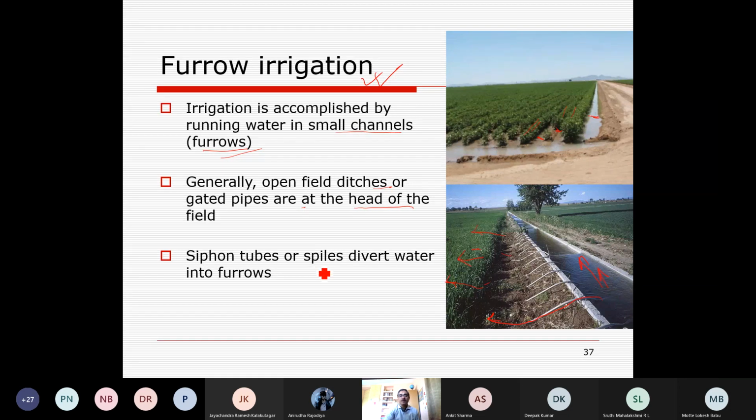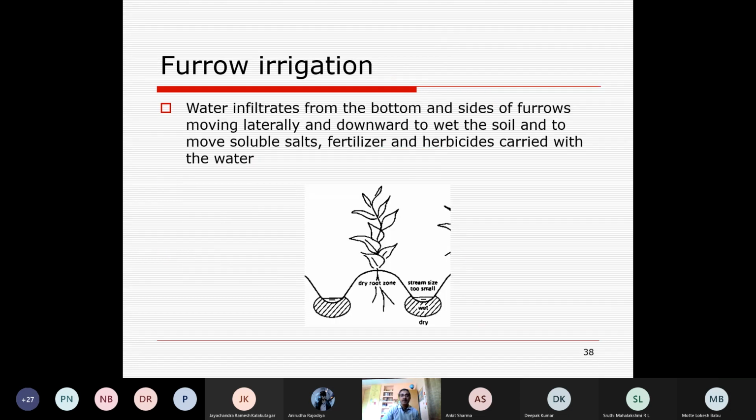Siphon tubes or spirals divert water into the furrow, means simple tubes or any channel that is supplying water to the furrow. Here it's a channel, on another side it's a channel, and it's long again. So water infiltrates in this channel, suppose at the bottom, and it is flowing up to this. So you can recall the channel geometry.